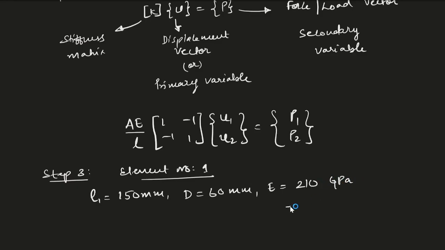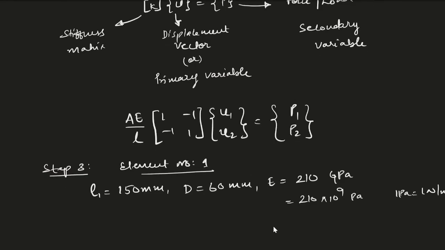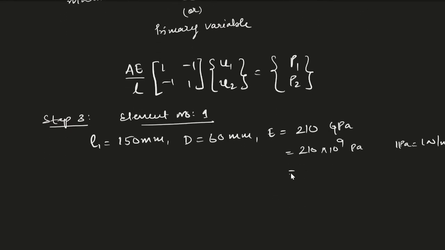We have to convert this into Newton per mm square, because gigapascal is 10 power 9 pascal, and 1 pascal equals 1 Newton per meter square. Converting to millimeter square, it will be 210 into 10 power 9 into 1 by 10 power 6 Newton per millimeter square. So we will have 210 into 10 power 3 Newton per millimeter square.